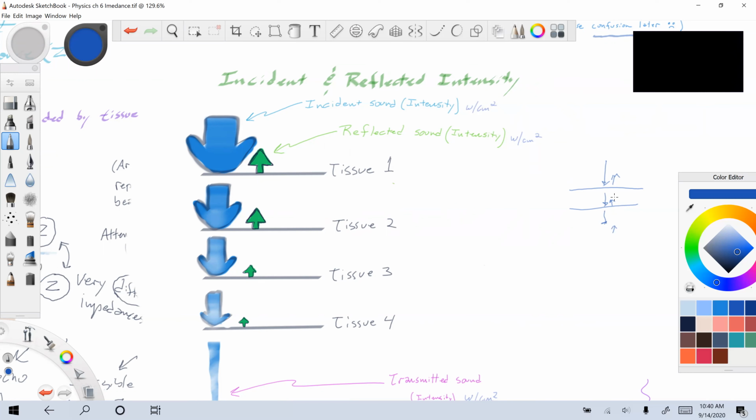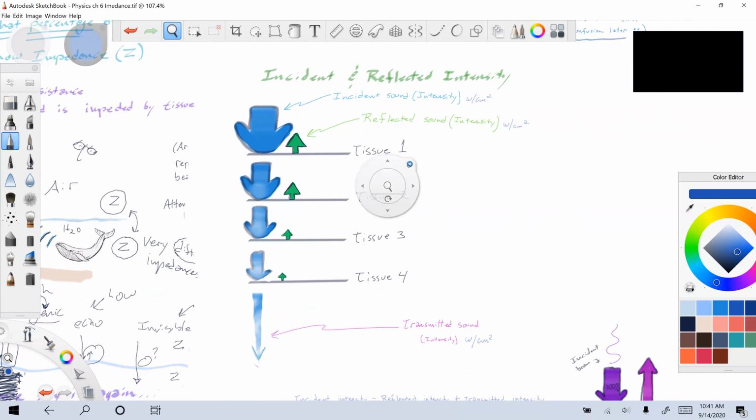And all the arrows going down are the beam, and all the arrows going back up are the echo. Remember, this is what we see. We see echoes. Gotta have echoes. Without echoes, we are just simply rubbing people down with transducers for no reason.